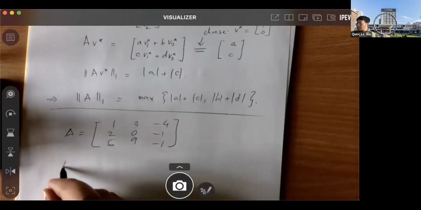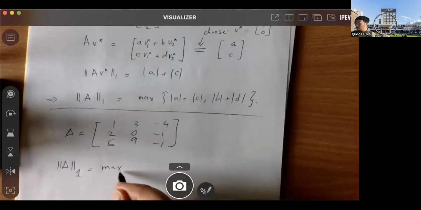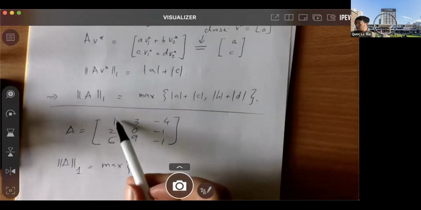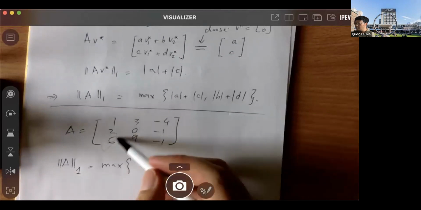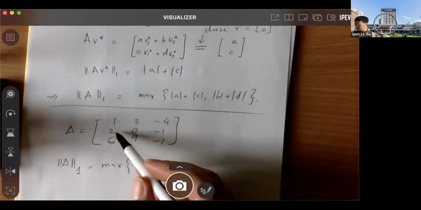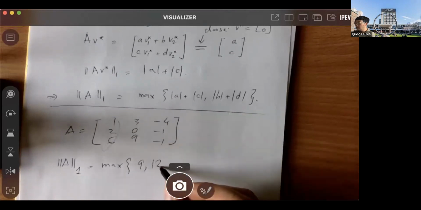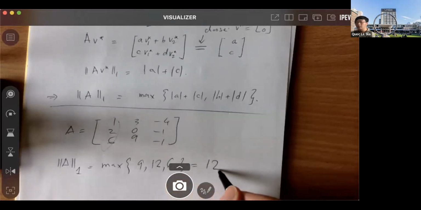Then for the matrix A here, the one norm is just the max of the column sums in absolute value. Take the first column: 1, 2, 6 is 9, the next one is 12, and this one in absolute value is just 6. So you get 12 here.